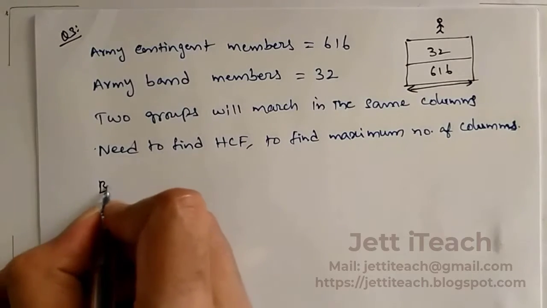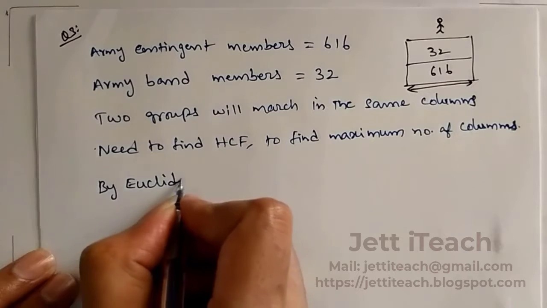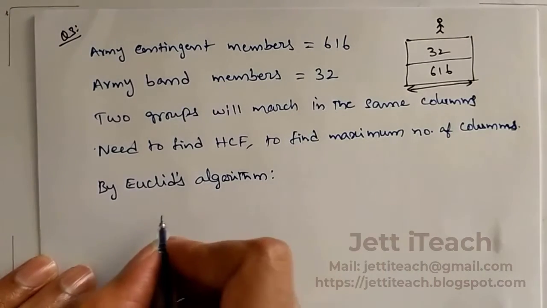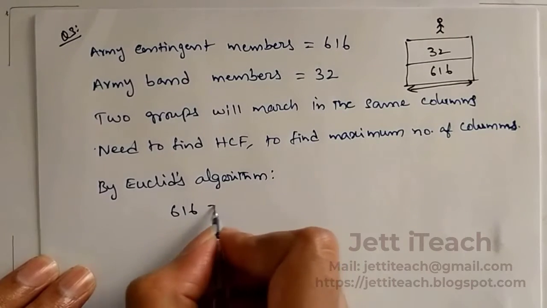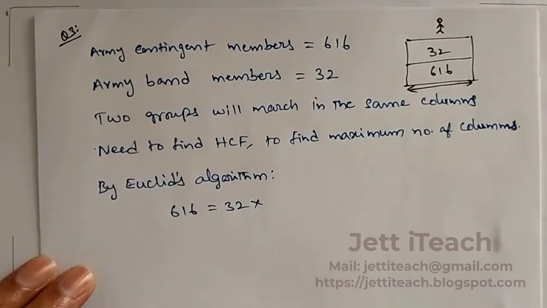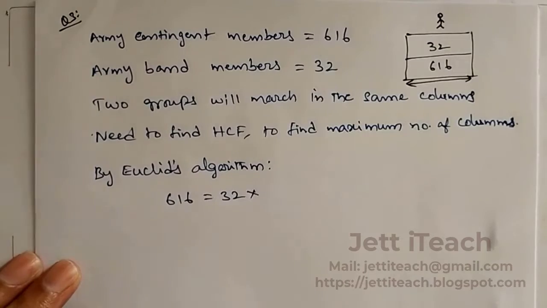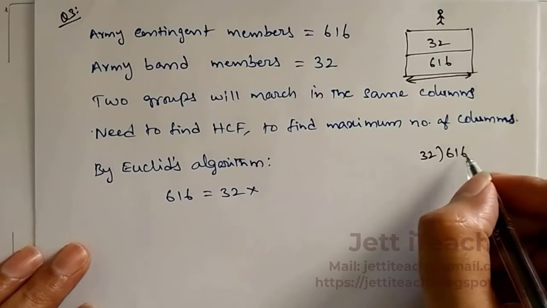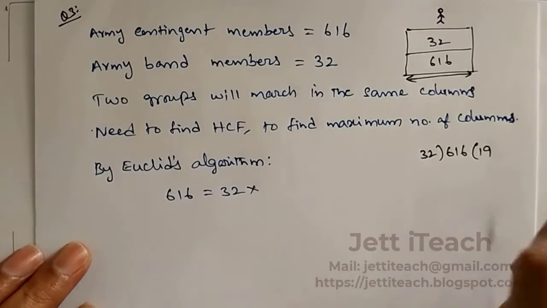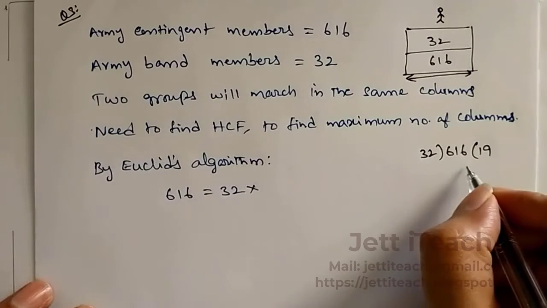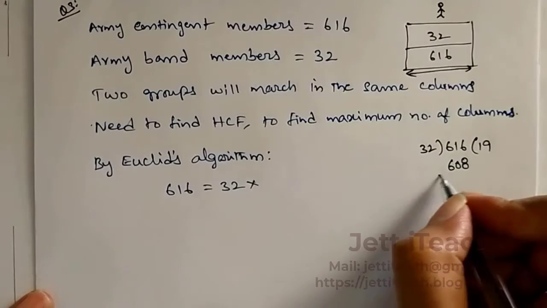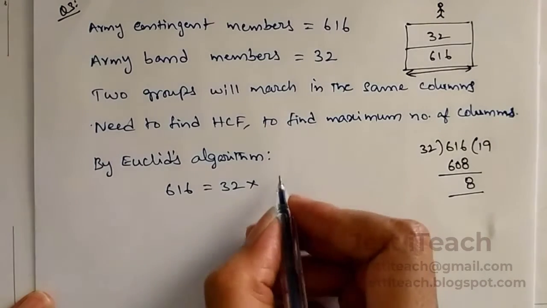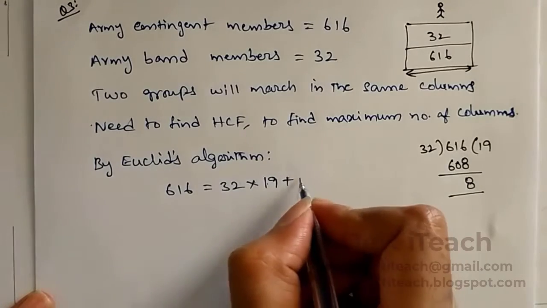By Euclid's algorithm, 616 you can write as 616 equal to 32 into, 20 is more, so 19 plus 8.